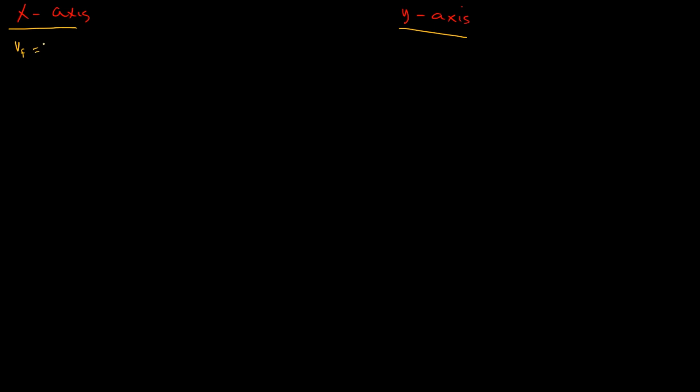v sub f is equal to v sub i plus a times t. And this is one. The second equation that we're going to use is the position equation. x is equal to v sub i times t plus 1/2 a t squared. And if we translate that into the y component, this becomes v sub f is equal to v sub i minus g times t.